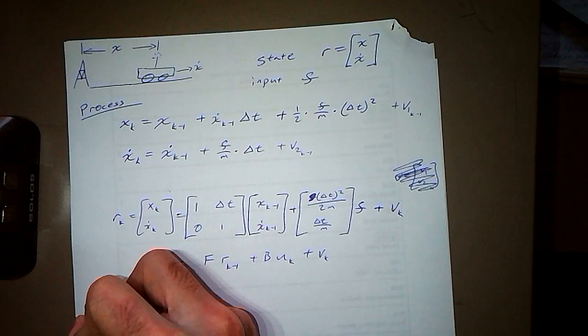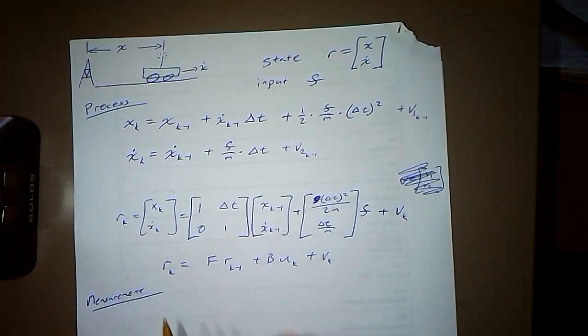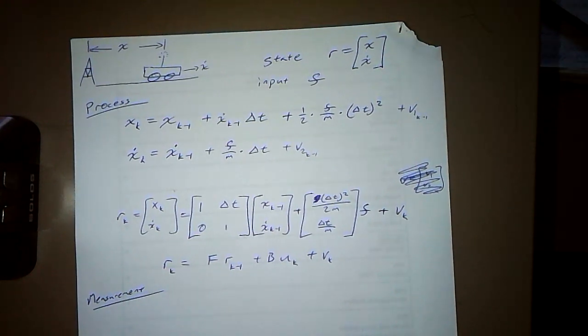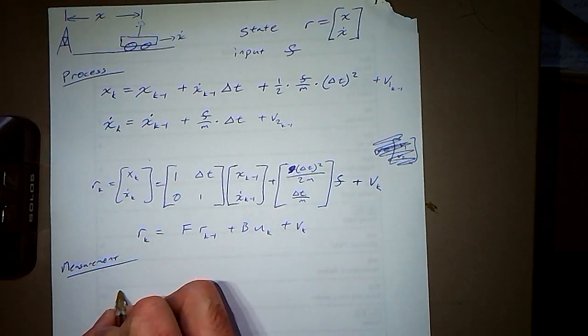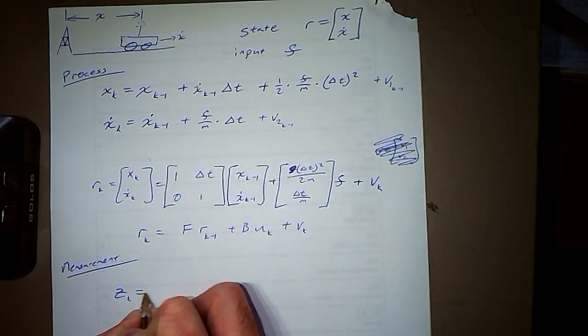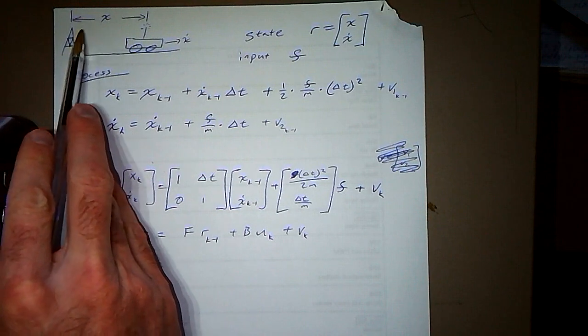And now we have the measurement model, and this is pretty straightforward. Our measurement we denote with the vector z. So z at time k is equal to, in this case, just the distance from here to here.